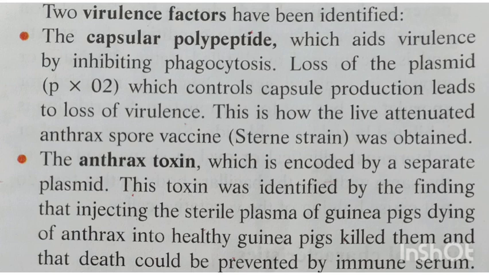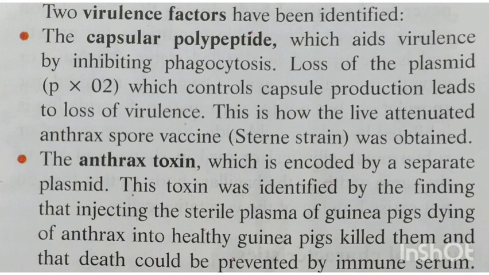This is the basic mechanism used for the production of vaccine. That is, the live attenuated anthrax spore vaccine is prepared by removing the plasmid that carries the genes encoding capsule formation.